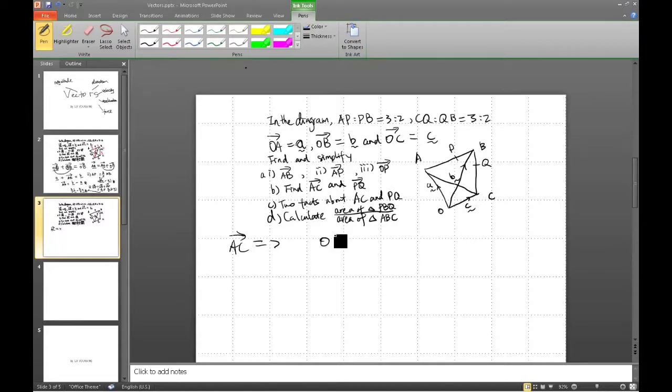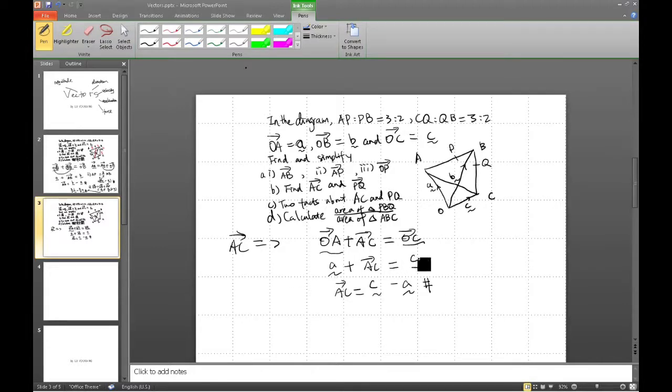We can form an equation with OA plus AC and we get OC. Do we have OA? Yes, denoted by a. Do we have OC? Yes, denoted by c. Therefore, a plus vector AC equals c. Therefore, AC equals c minus a. AC is easily found.